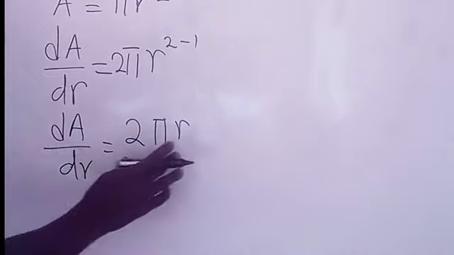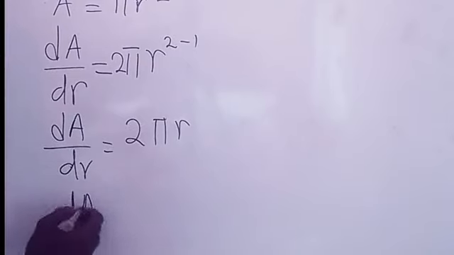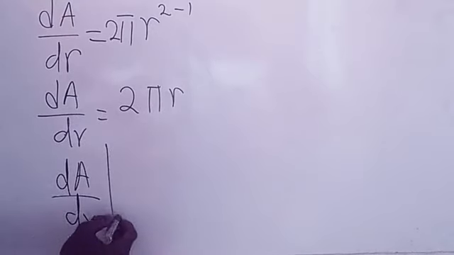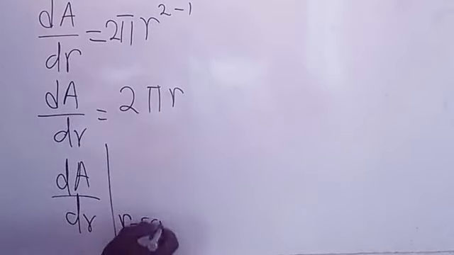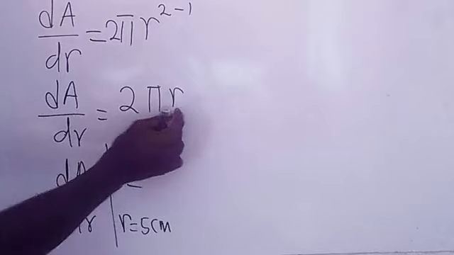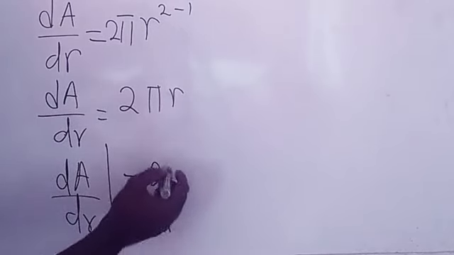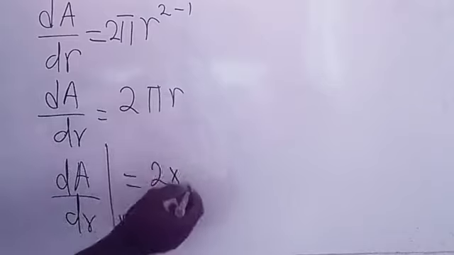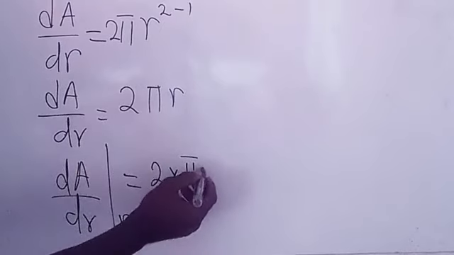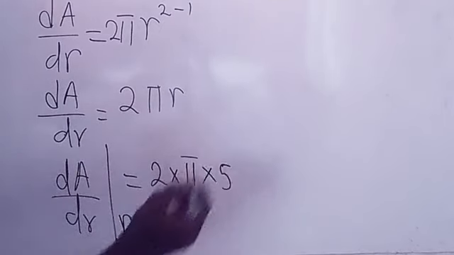All right, the next thing we're going to do: they said when the radius is 5 centimeter. Here we are finding dA over dr at radius 5 centimeter, which shows that anywhere we see r here, we're going to put 5. We have 2 pi multiplied by r, and the r is 5.